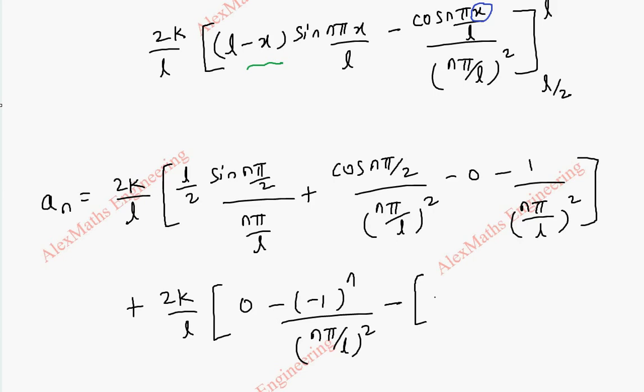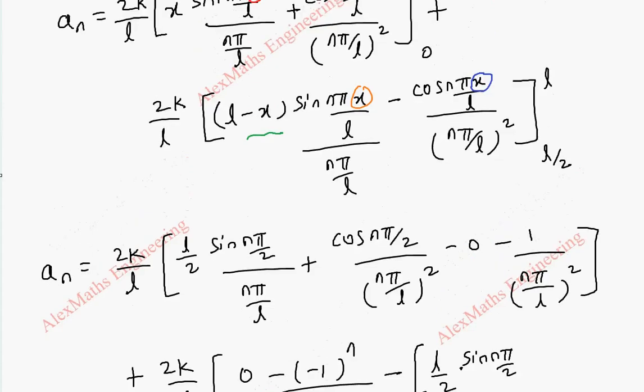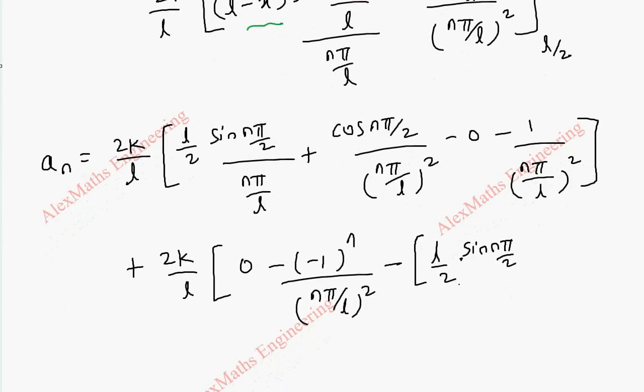L minus L by 2 is L by 2. And when I put L by 2 here, after cancelling L, I get sin n pi by 2, then there is a denominator term here, by n pi by L, similar to the first term, and we should also write that.